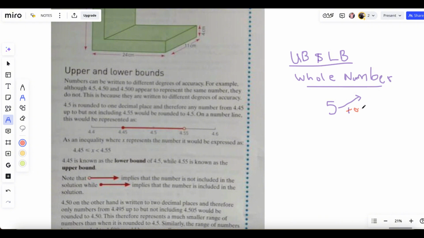And if you want to get the lower bound, you subtract 0.5.